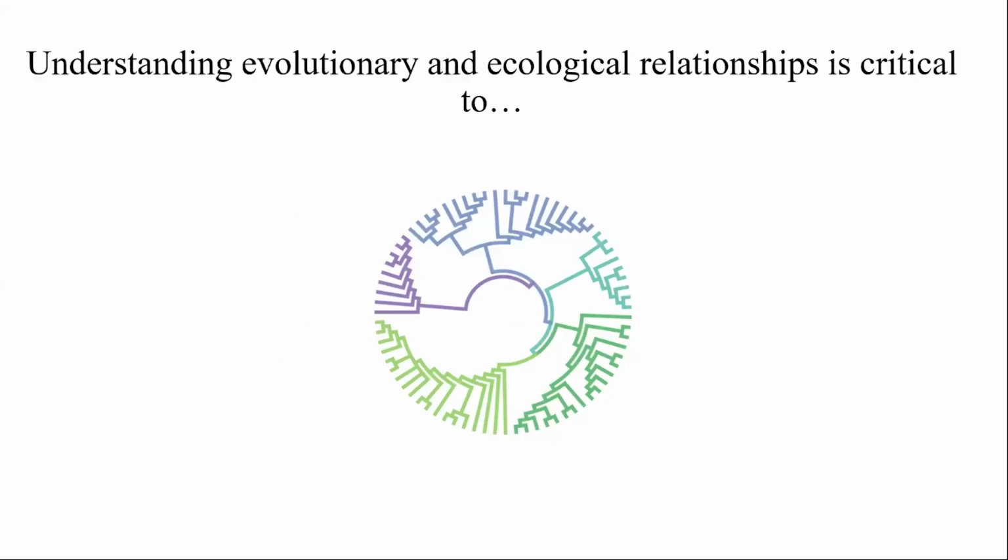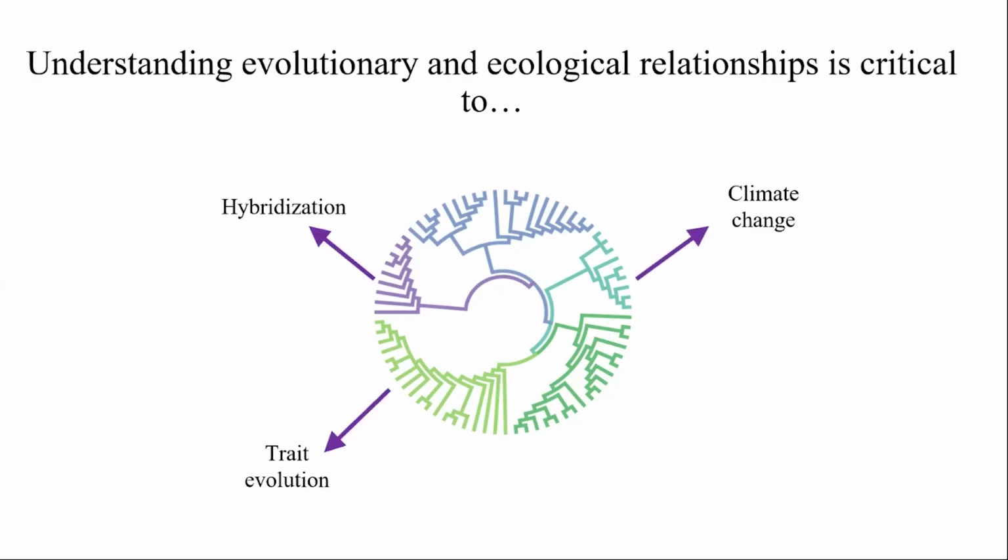So understanding evolutionary and ecological relationships is really critical to kind of fully understanding the processes of our study system, especially in terms of things like hybridization, responses to climate change, trait evolution, and then kind of putting all this together to create well-rounded and useful conservation plans.